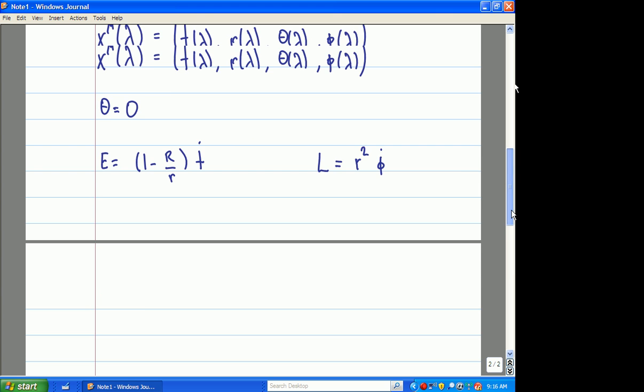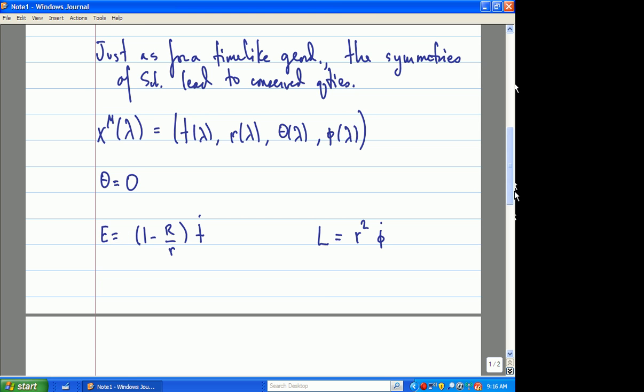The difference with the story we learned last time for time-like geodesics comes when we use the fact that because the geodesic is null, ds² is equal to 0, or (ds/dλ)² will be set equal to 0 rather than equal to minus 1. That's what we mean when we say we have a null geodesic.